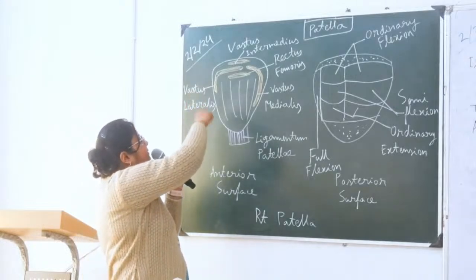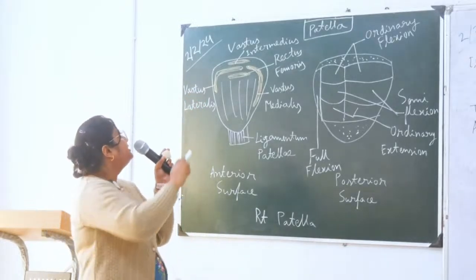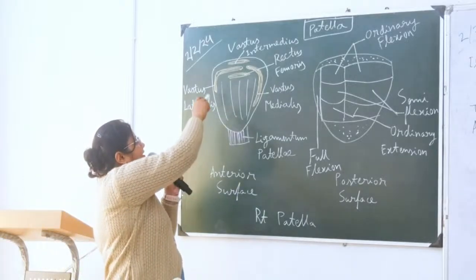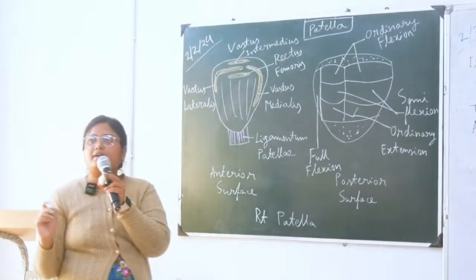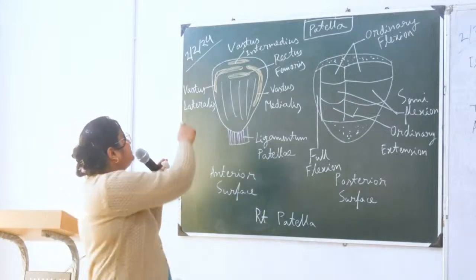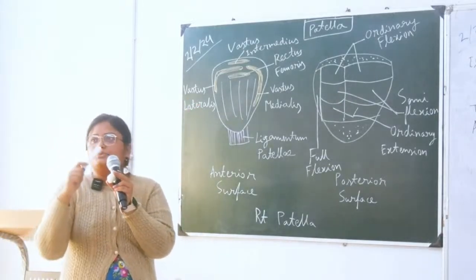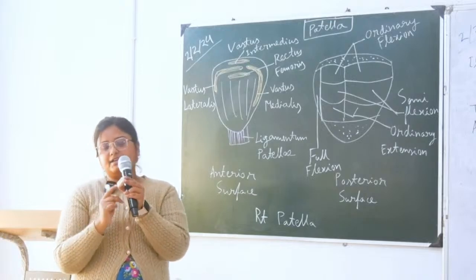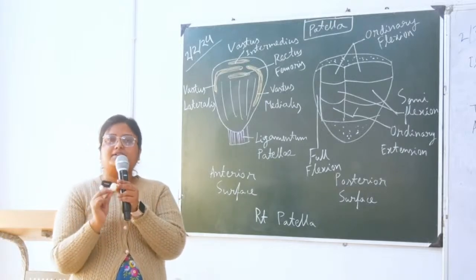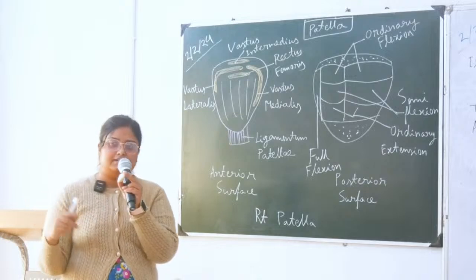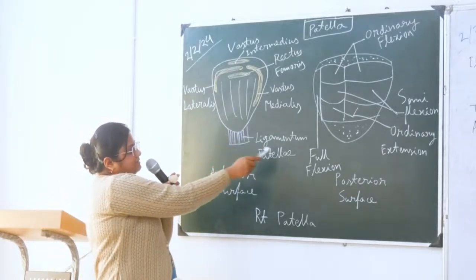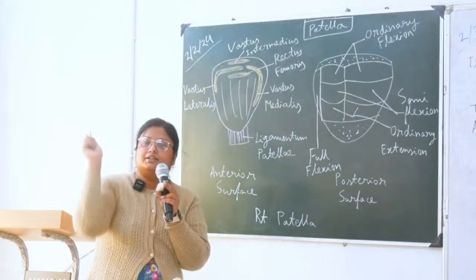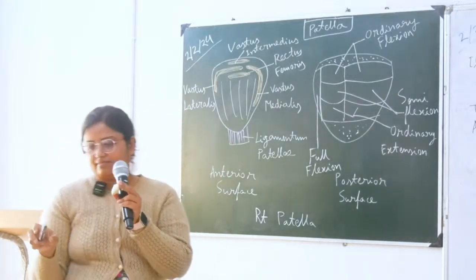In the lateral border, there is attachment of vastus lateralis in the upper 1/3 and the lateral patellar retinaculum in the lower 2/3, which is also an extension of vastus lateralis. So attachment of the 2 borders is covered, and at the rough area of the apex, there is attachment of the ligamentum patellae. So the attachment of the apex is the ligamentum patellae. This is very frequently asked in your bones viva.